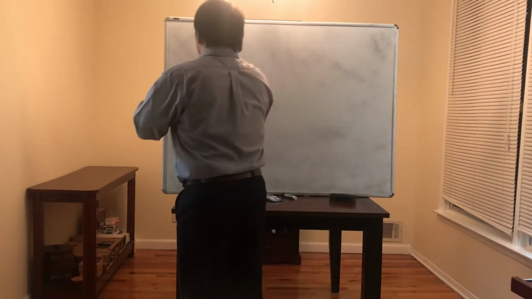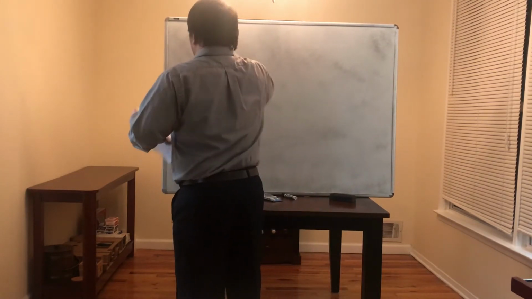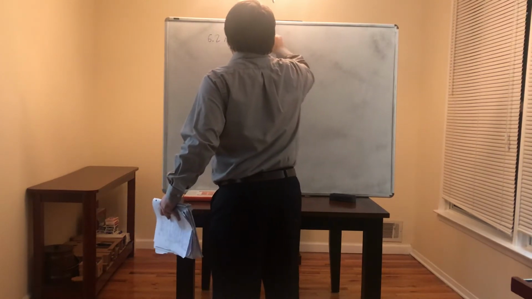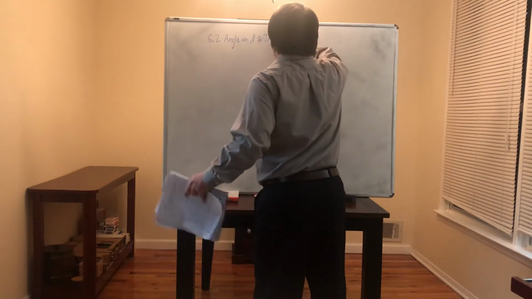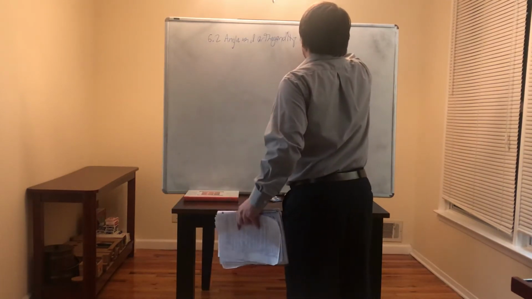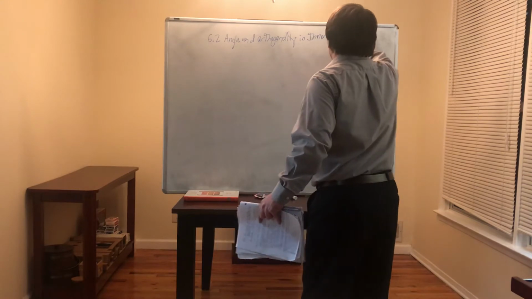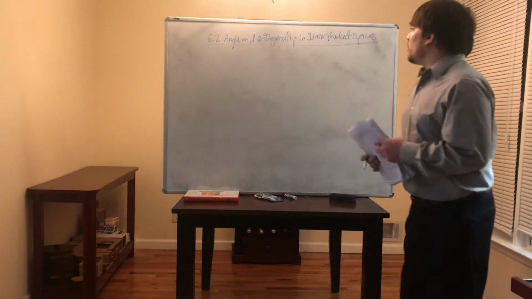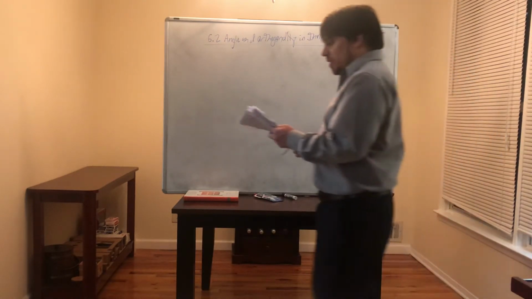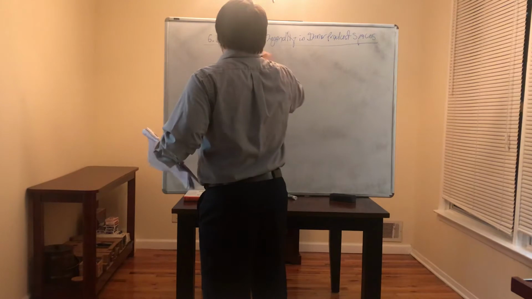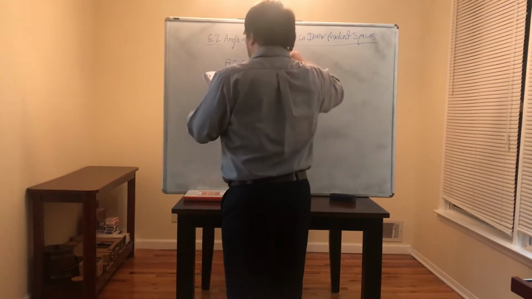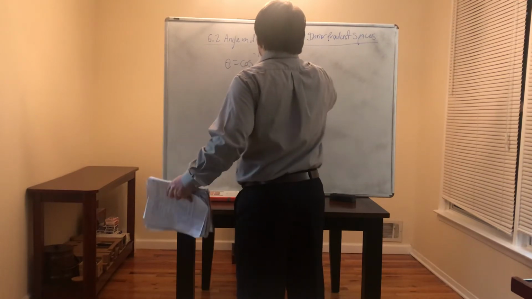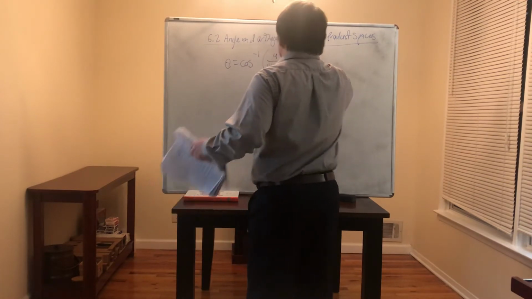So 6.2 is on angle and orthogonality in inner product spaces. First off, we know theta is equal to cosine inverse of u dotted with v over the norm of u times norm of v.